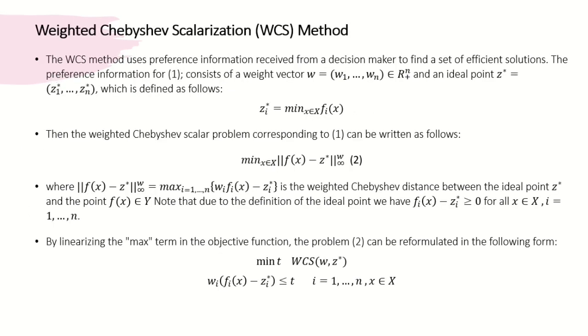The next method is the weighted Chebyshev scalarization method, and in this method we need two definitions. The first one is an ideal point, z star i, which is the minimum value of our objective function, and we define weights to have the minimum value of this difference, defined as the maximum value of the difference between the objective function value and the minimum value.